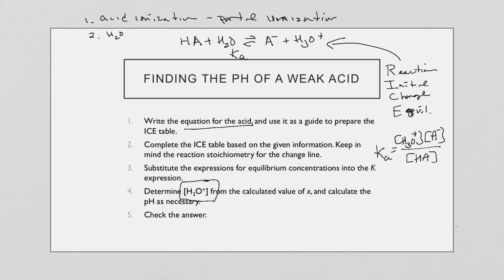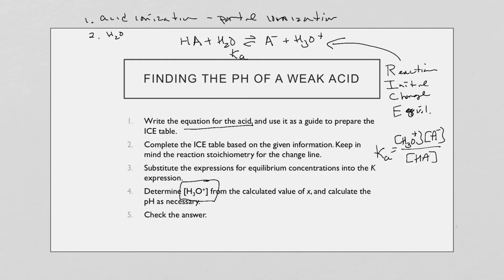Once we get the hydronium ion concentration, the key value, we can solve for the pH. So that's the basic approach. In a follow-up video, I will work some sample problems going through this process.